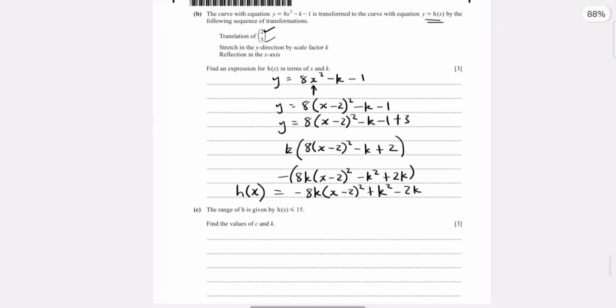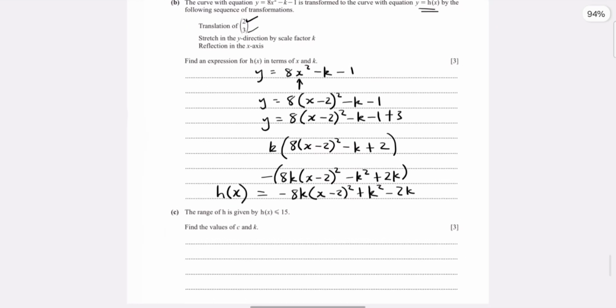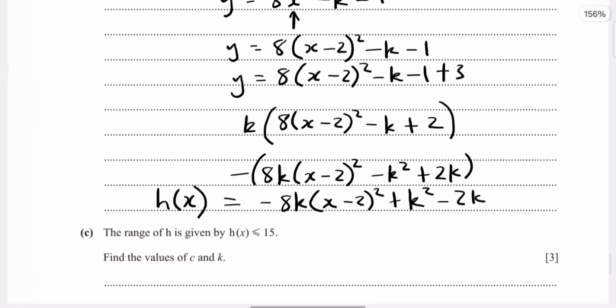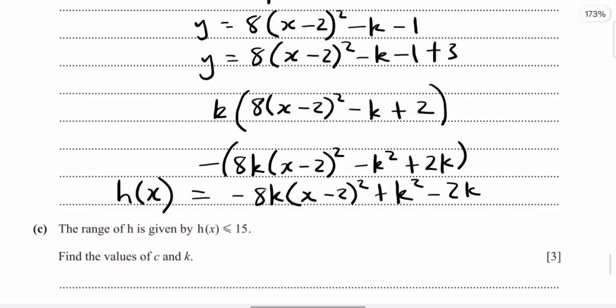And for part C now, it's saying the range of h is given by h of x less than or equal to 15, and it says find the values of c and k. For this one, we need to understand that if we were to sketch this, we would want the turning point.